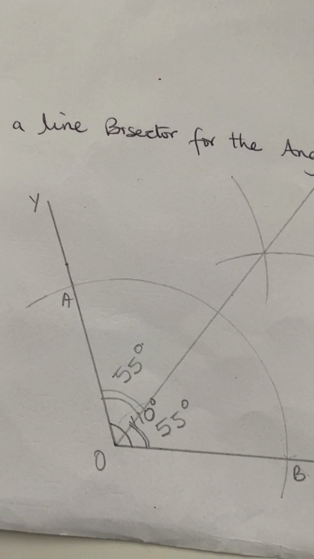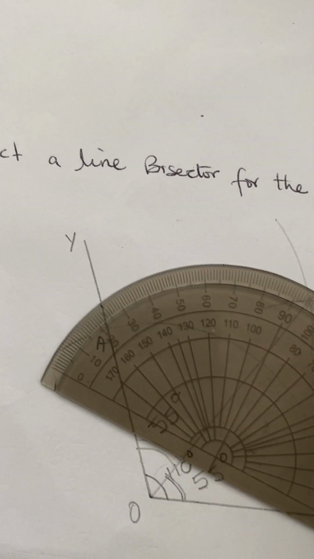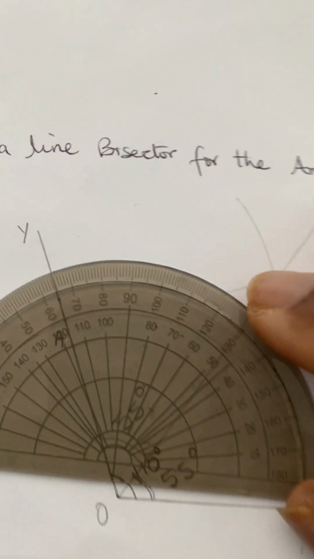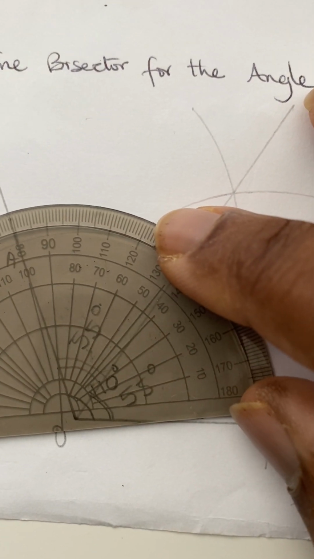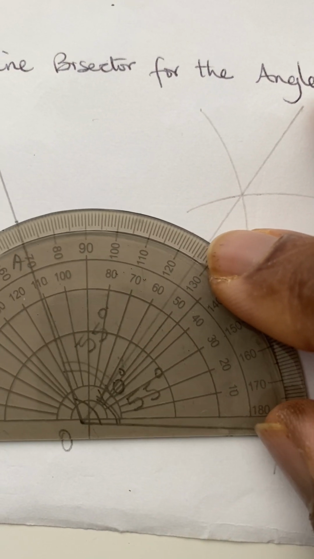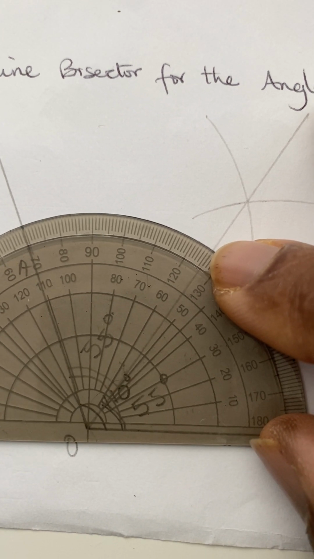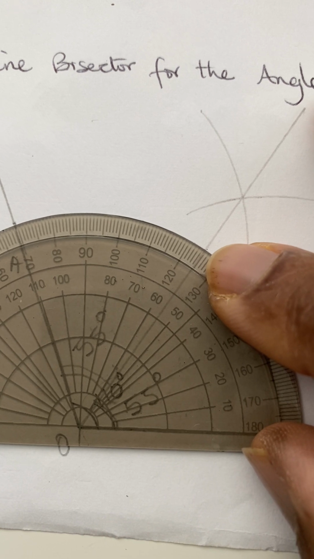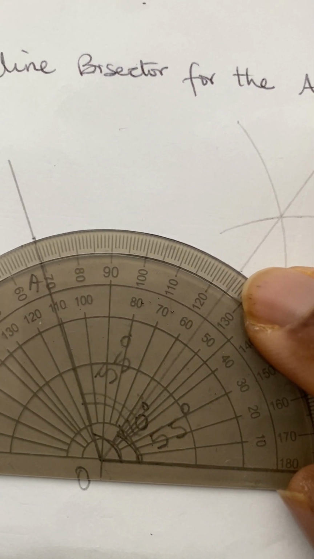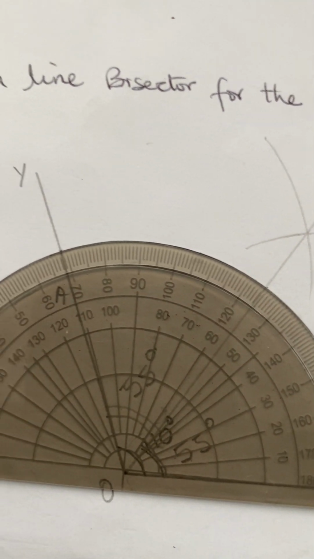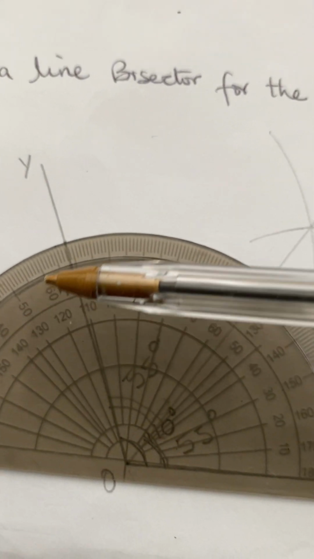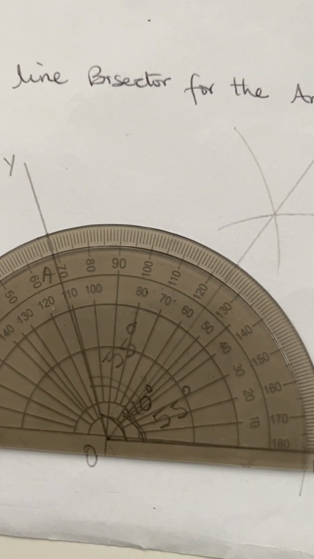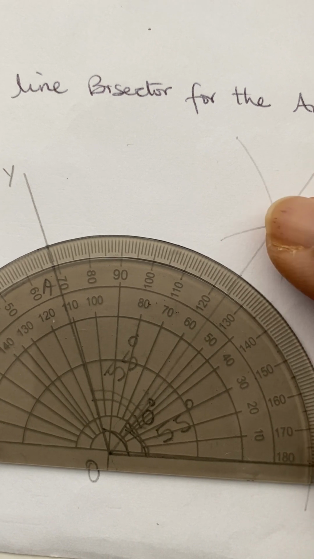Okay, so now we've drawn the arc here. We've drawn an angle here, 110 there. Okay, it's moved slightly.